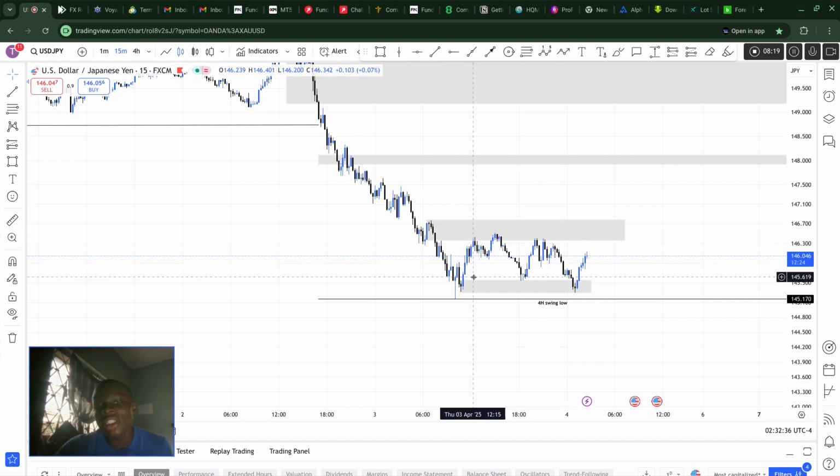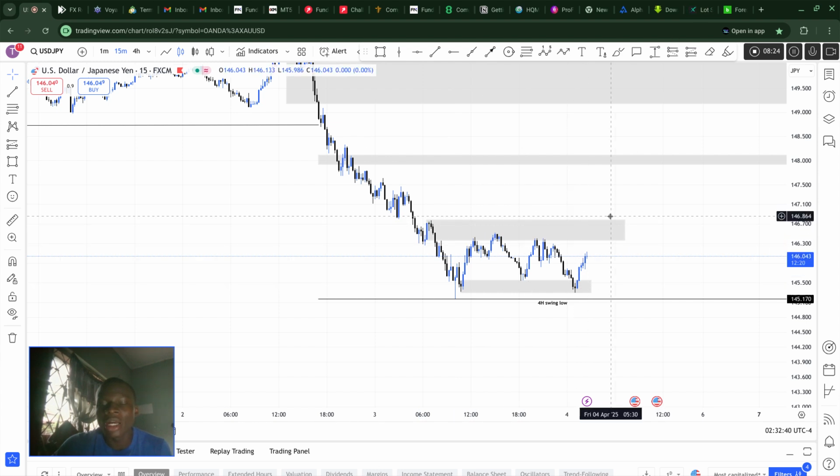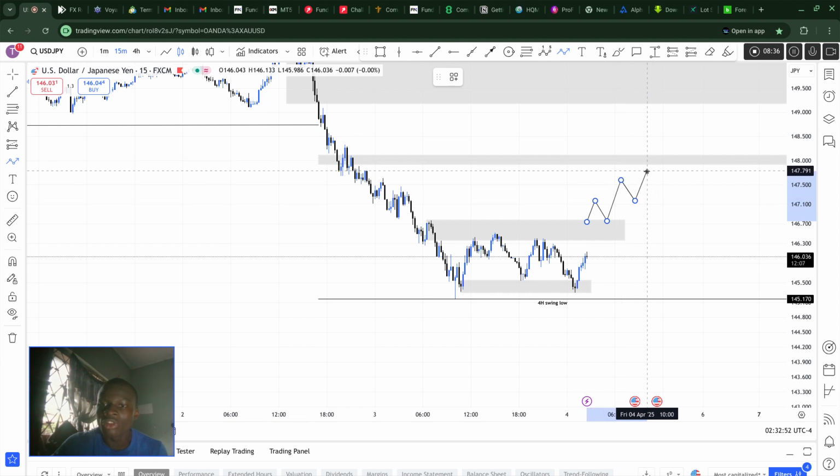There's a high chance the market is going to take this high out and keep going. When we take out this high, we start looking for an uptrend from here.